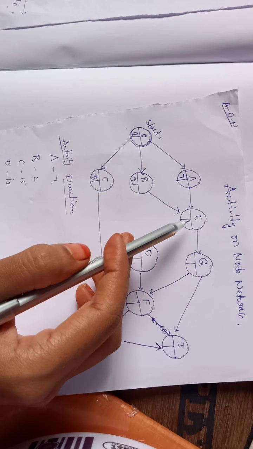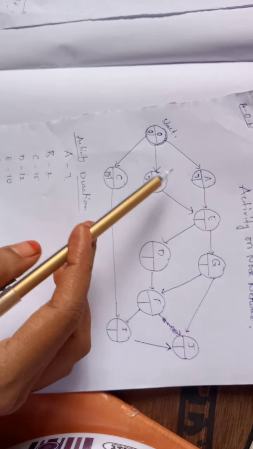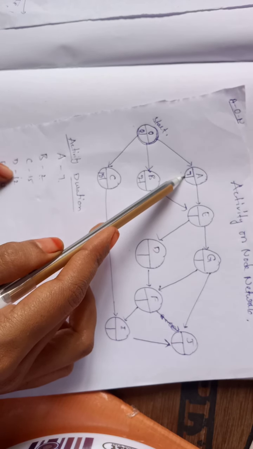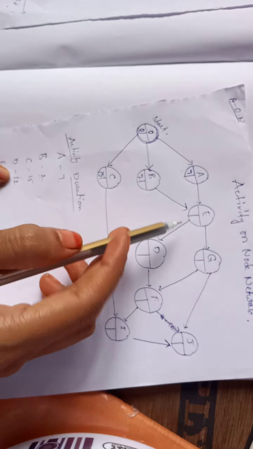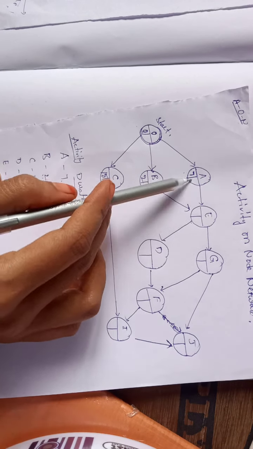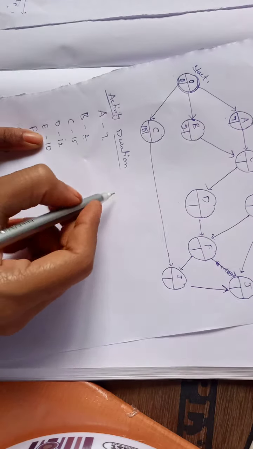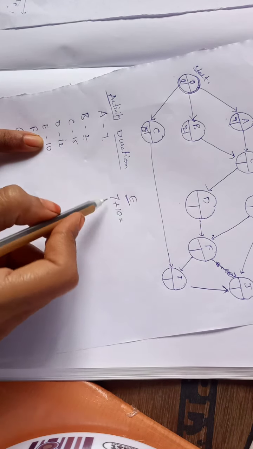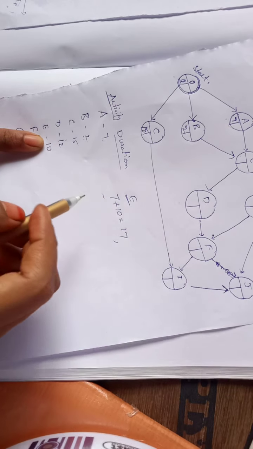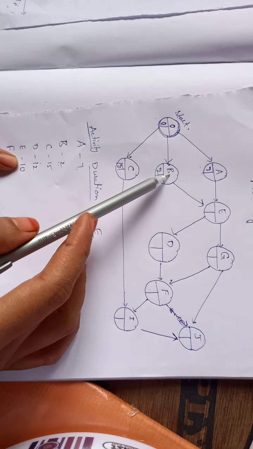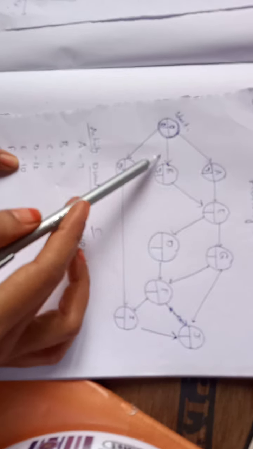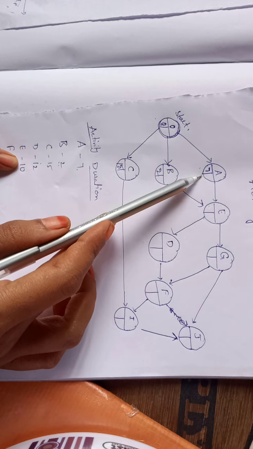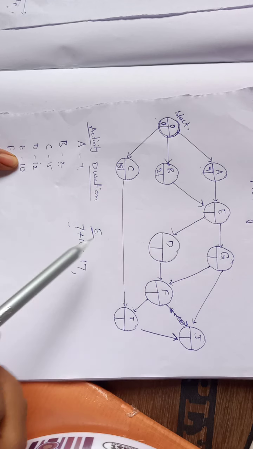Similarly for activity E, from 7 we need to take 7 plus 10, the duration of E. How much? 17 we are getting. Here we have 2 incoming inputs for this activity E. From A, it is 17.